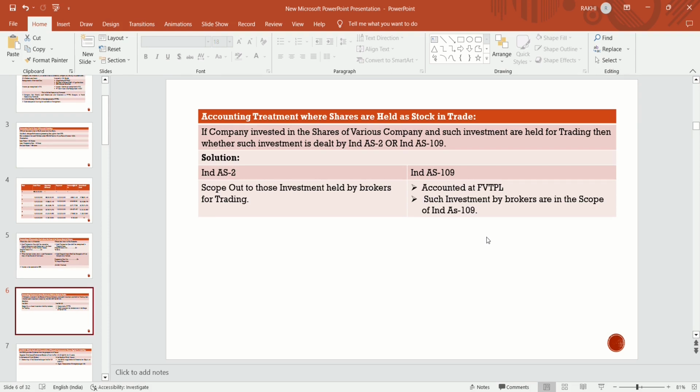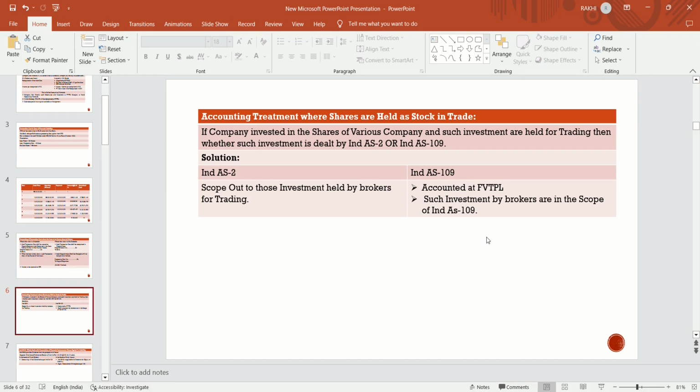Ind AS 2 will not deal with such transactions if the investments are held by a broker for trading purposes.